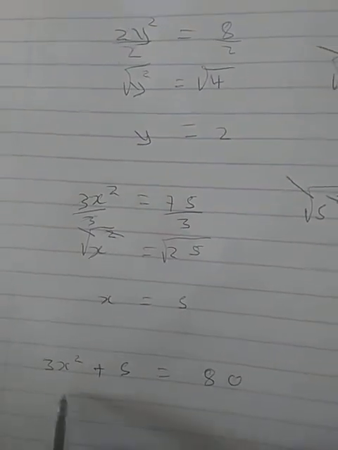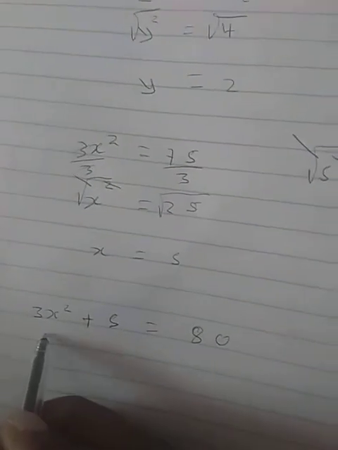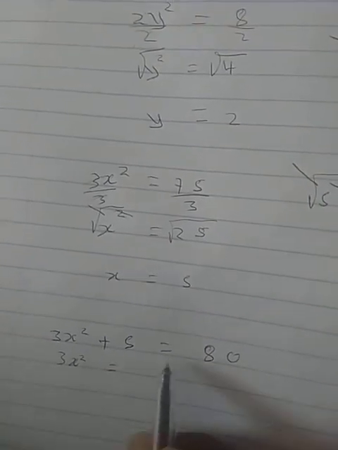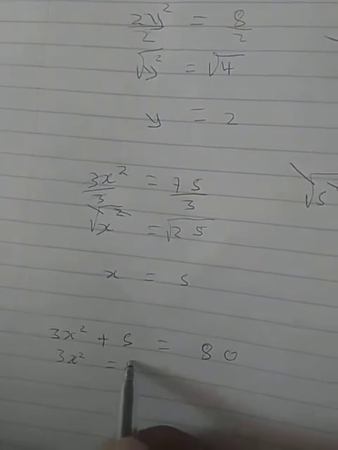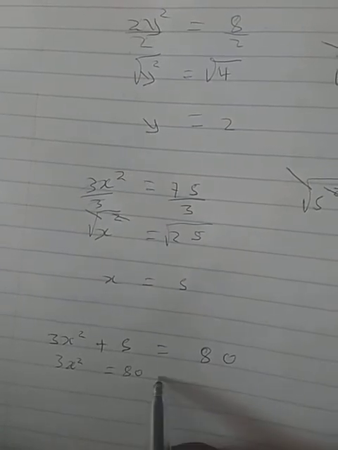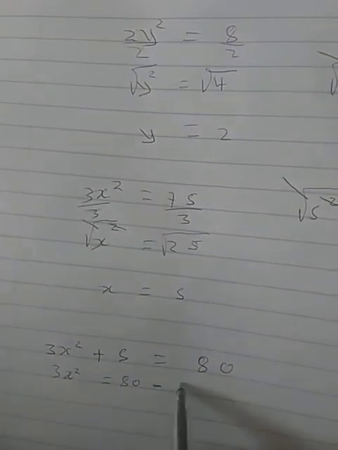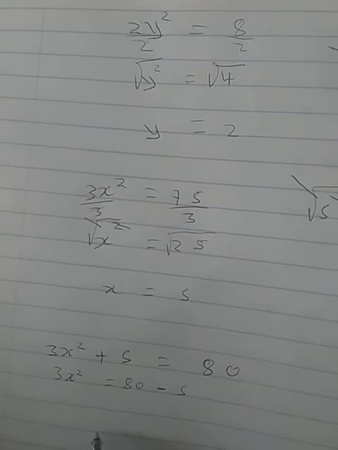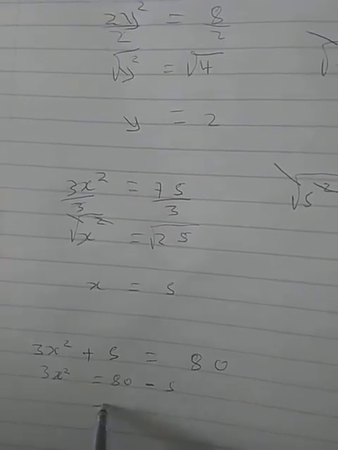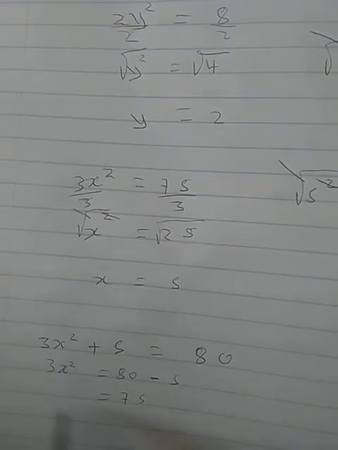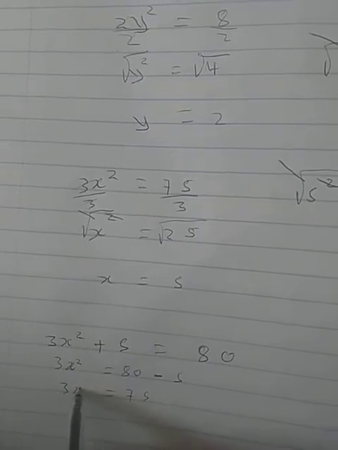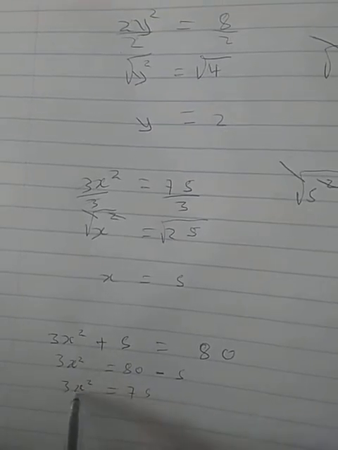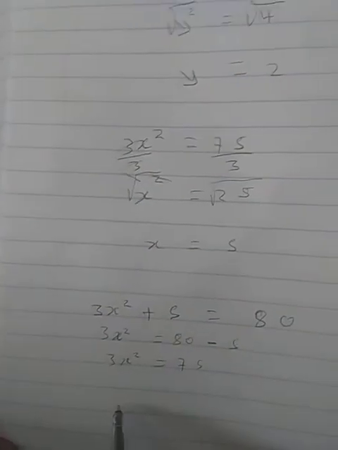So we will end up having 3x squared equals to 80 minus 5. That would mean that we have 75 this side. We have 3x squared on this side.